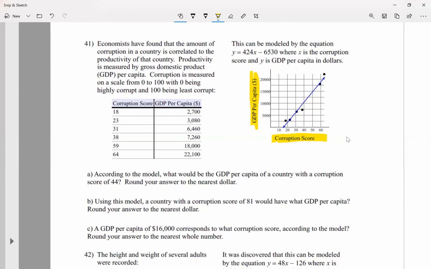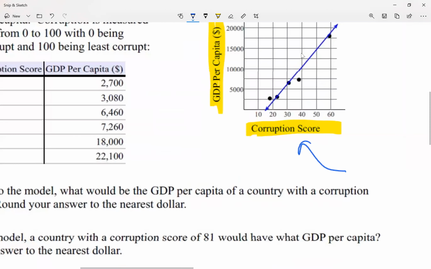So now I'm going to be answering a few questions here. The first one: according to the model, what will be the GDP per capita of a country with a corruption score of 44? It says round your answer to the nearest dollar. What I want you to do is look at the corruption score, and I'm looking for 44.